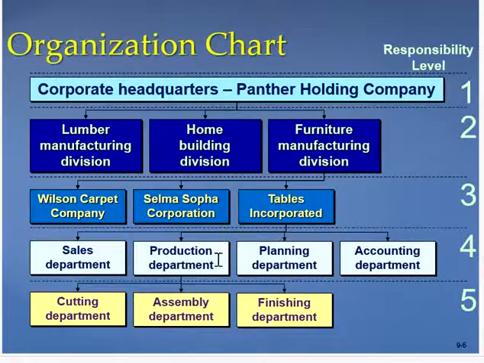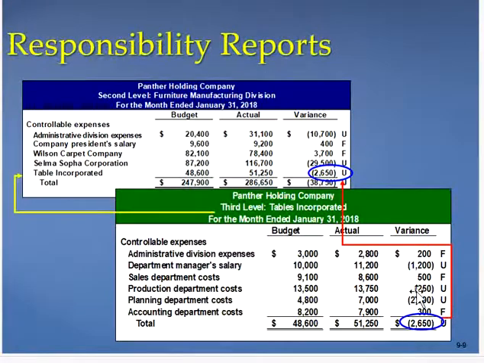Further went down to this department, into the production department. Here it is just one line item, 250. We don't know what the detail is.